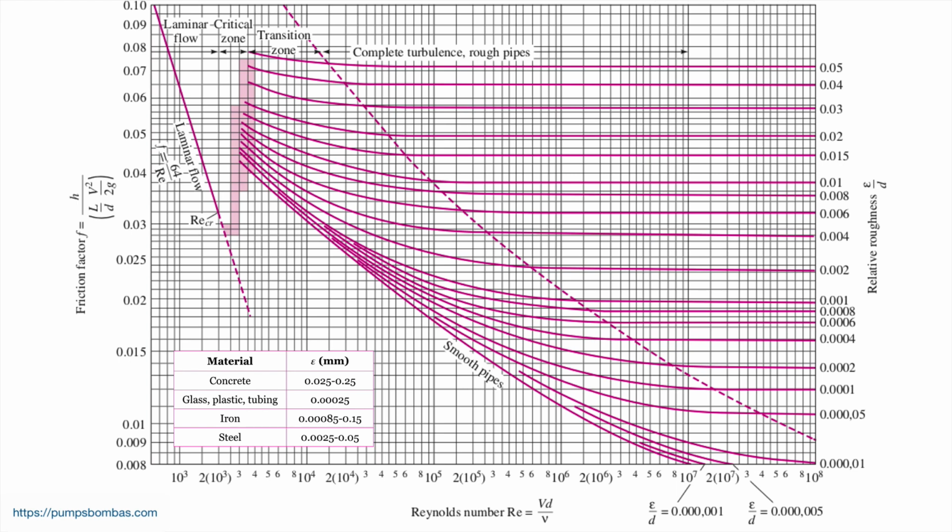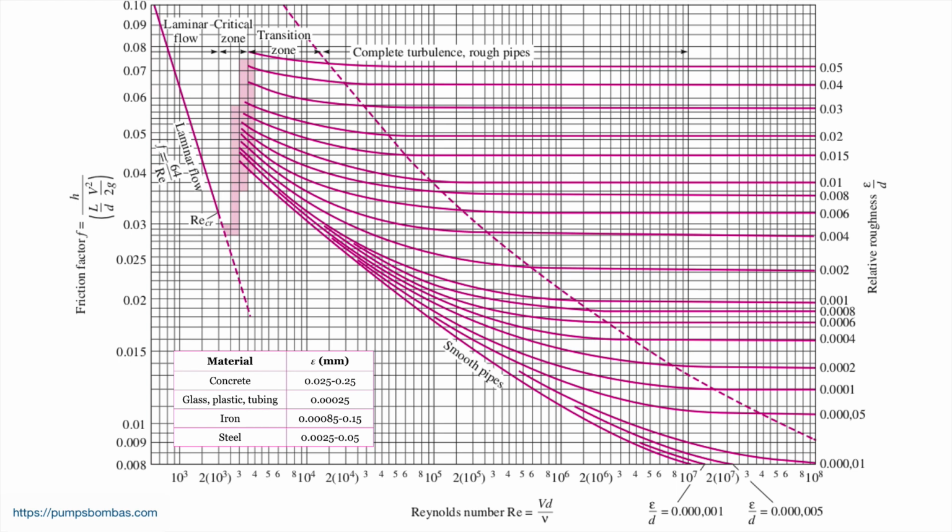Let's analyze what we have inside the graphic. To the left, we can see this line in rose color, this straight line. This is the zone of laminar flow. The laminar flow ends at a value of Reynolds of approximately 2000.